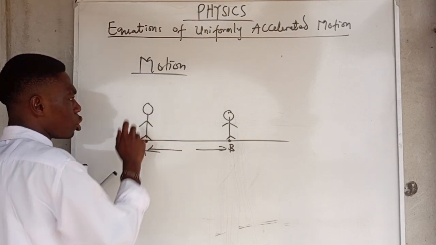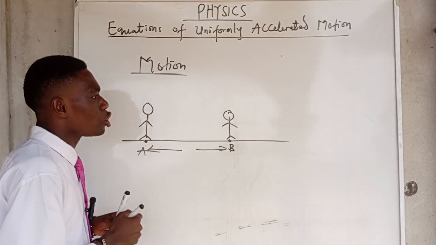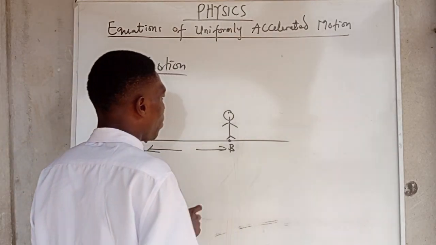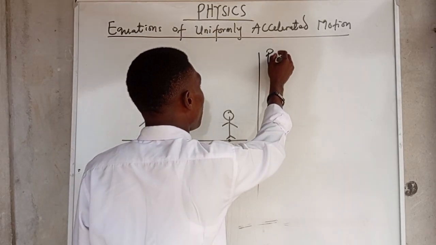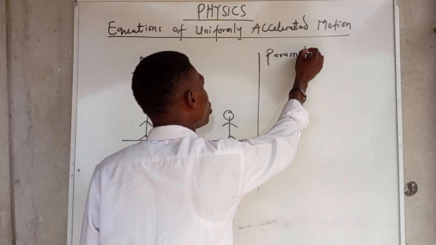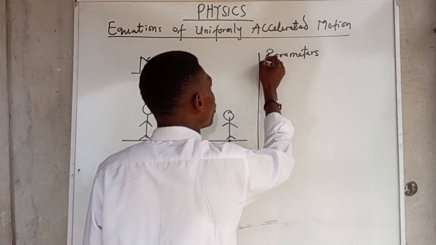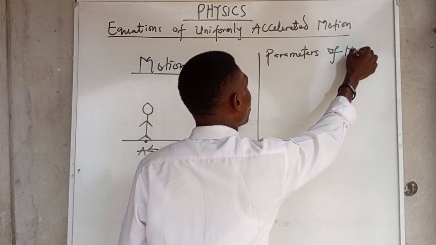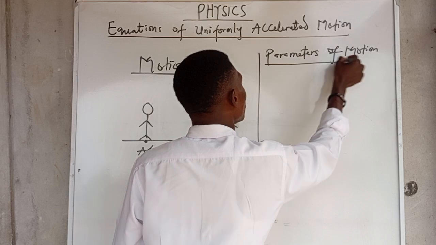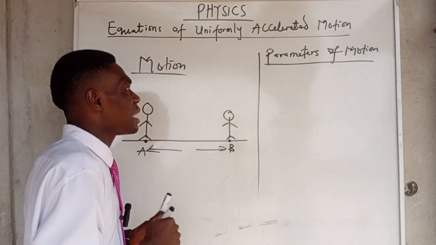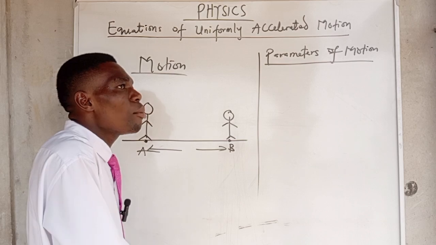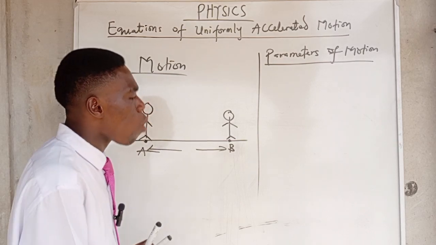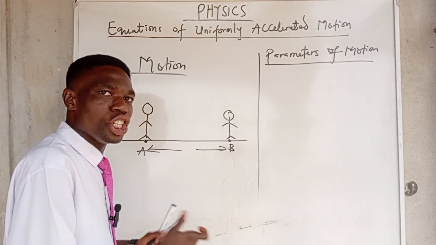That is what motion is. And then talking about motion, we have what is called the parameters of motion. When we talk about the parameters of motion, we're talking about those terminologies that are associated with motion. When an object or a body is said to move, what and what are involved in the motion?